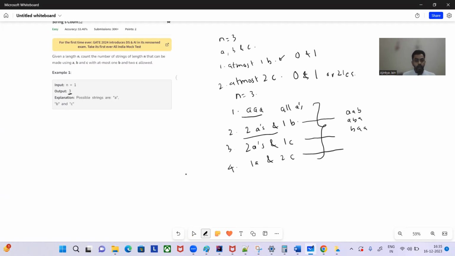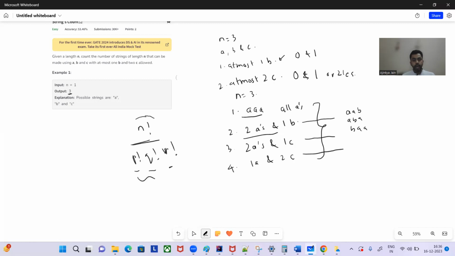So we have a formula: n factorial over p factorial, q factorial, r factorial. If you want to arrange n objects with different combinations, such that p is one type of object, q is another type of object and r is another type of object.